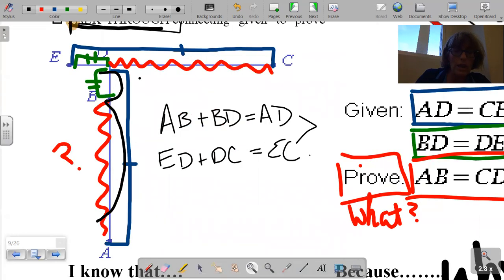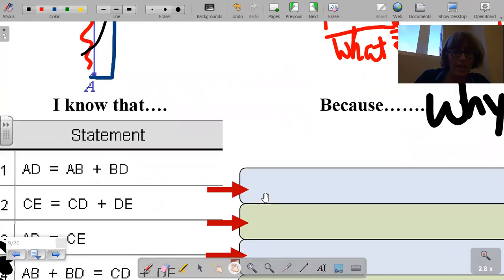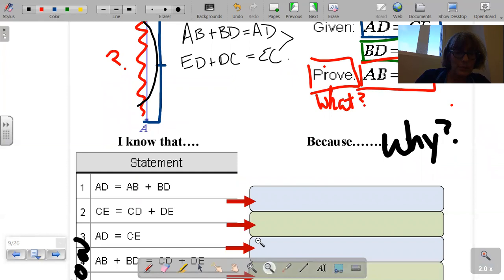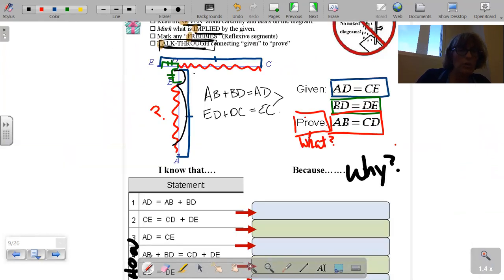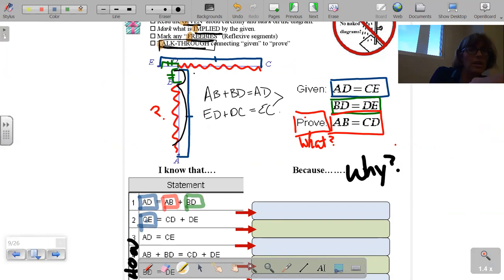So you're not doing a blank proof yet. We're just going to work on the justification statements. I'm going to color code this for you. So AD equals AB, which is the red, plus BD. And then down here, CE is the blue, CD is one of the reds, and DE is the green.